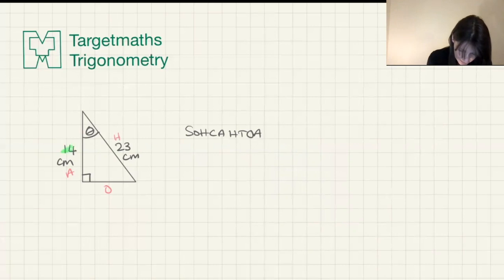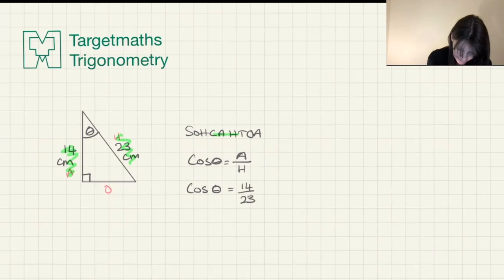So hit pause, press play when you're ready. Okay, so we've got A and H. So it's cos again. Theta is labeled as theta, so we'll keep it. A is 14, H is 23.